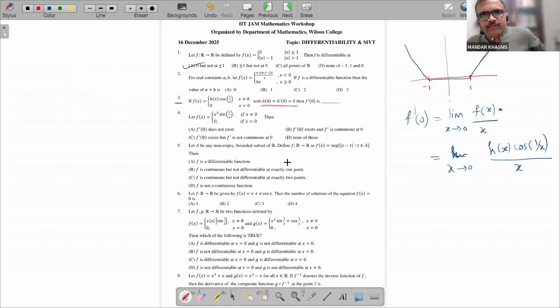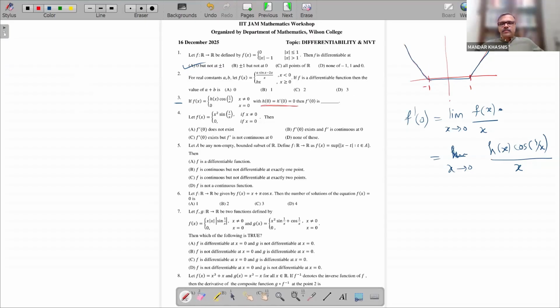If you take something for h x, then okay. If there are options, then we can use this to eliminate. But here options are not given. And h x is in general true for all kinds of functions.